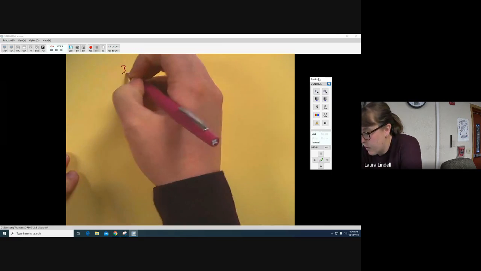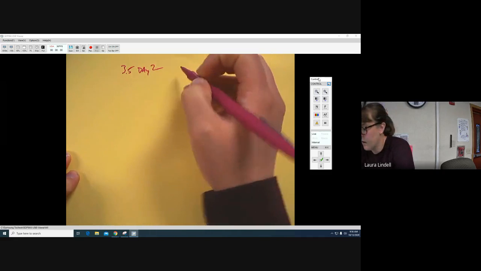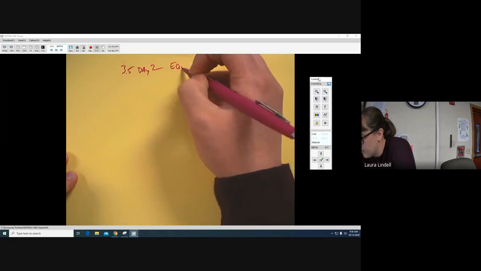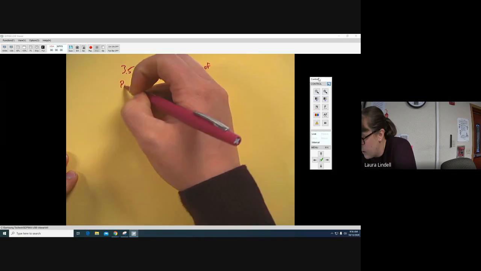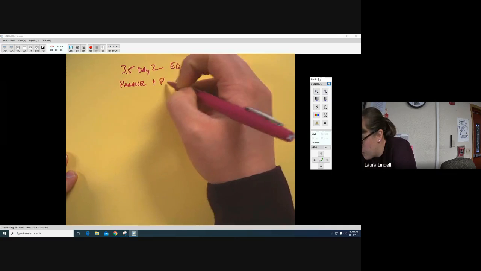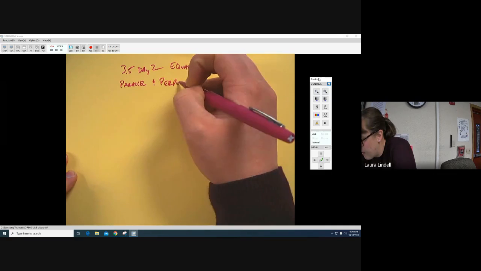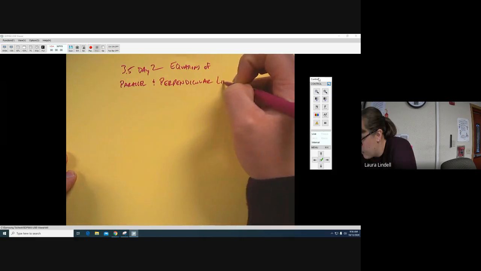So it's 3.5, day 2. Equations of parallel and perpendicular lines.